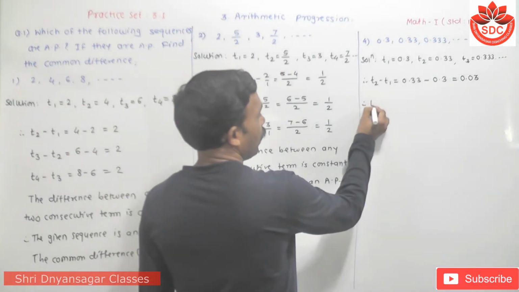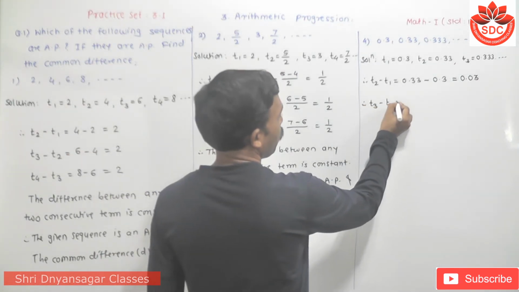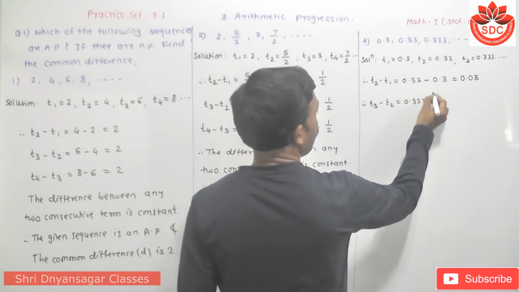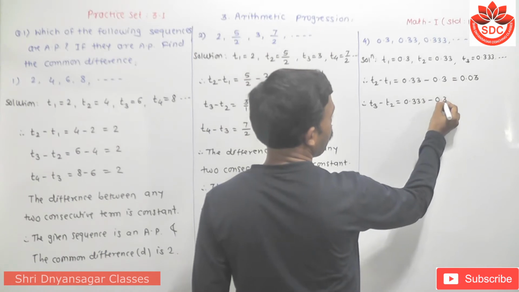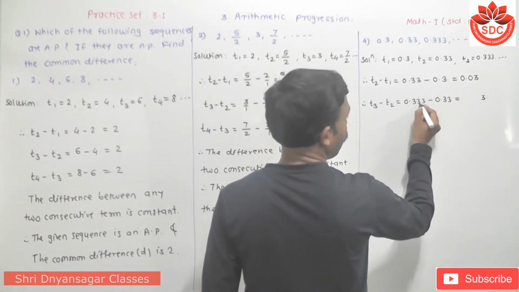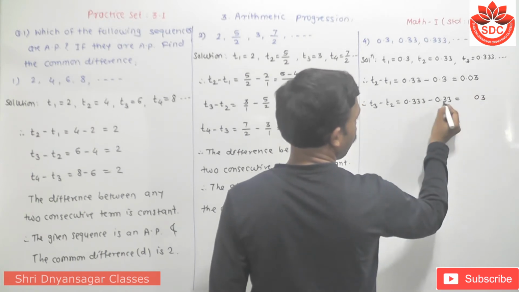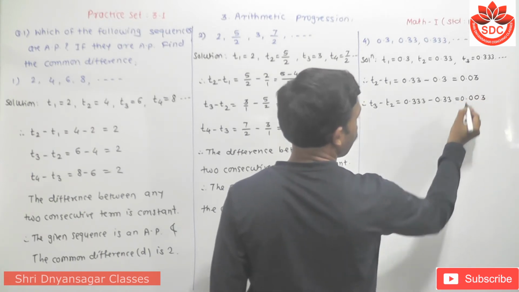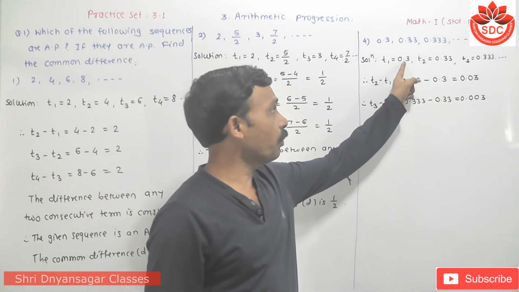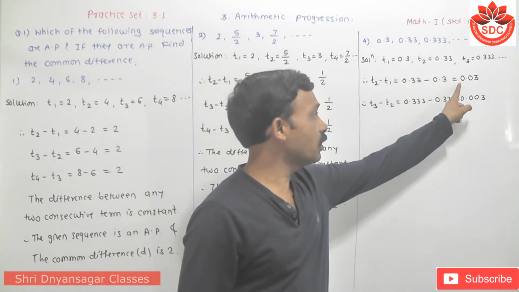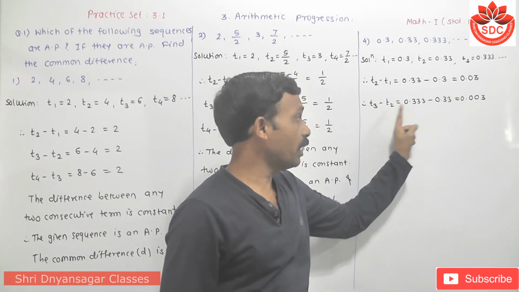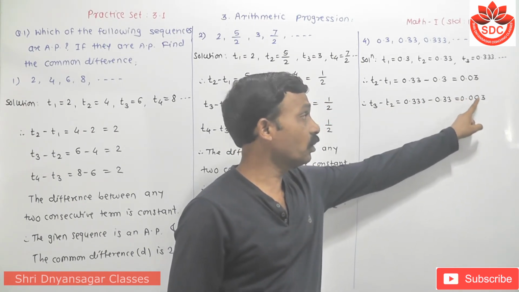Then T3 minus T2 is equal to 0.333 minus 0.33, these 3 as it is. Then 3 minus 3 is 0, 3 minus 3 again 0, and the decimal point as it is. When we look carefully, T1 is 0.3, the difference T2 minus T1 is 0.03, and the difference T3 minus T2 is 0.003.